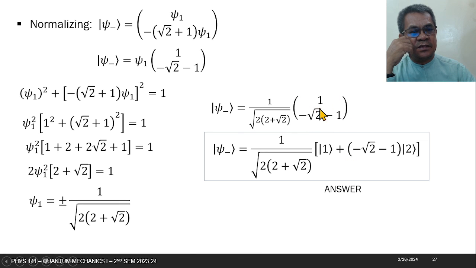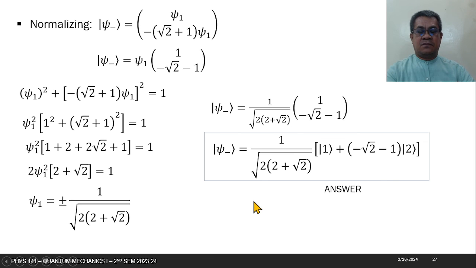In terms of the basis expansion, we have this 1 times acting on state 1, and this component acting on state 2, so it should be plus. So this is the final answer for the first eigenvector using the negative eigenvalue.